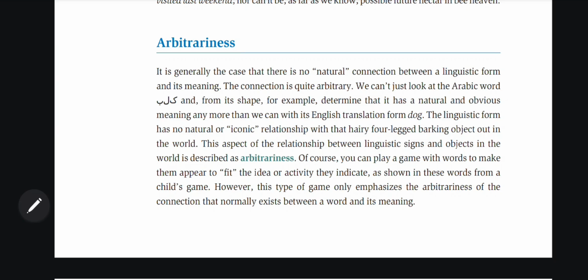The arbitrariness of human language means that there is no real connection between words and their shape in reality. There is no iconic relationship. This is what is so-called arbitrariness.